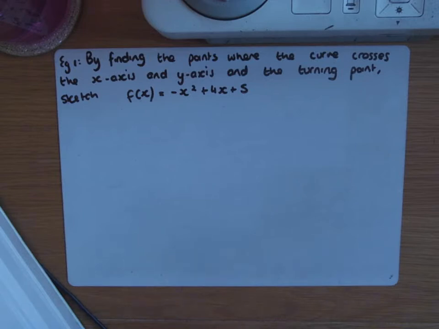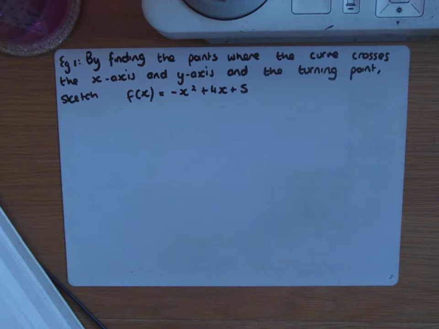Immediately you should be able to see that it's N-shaped. Now this one's asking us to find where it cuts the x-axis and the y-axis. So it's asking us for the roots and also the y-intercept.